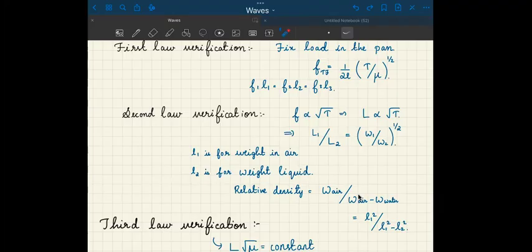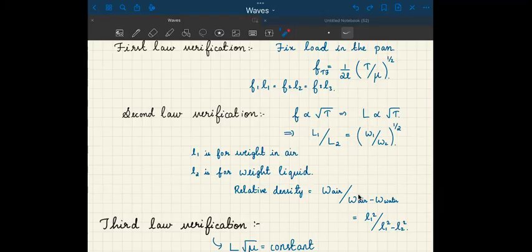What I am telling you is, in the market, 512, 480, 420, maybe 360, 380, 340, something like that, these frequencies are available. So you cannot change the frequency of the tuning fork as you wish.